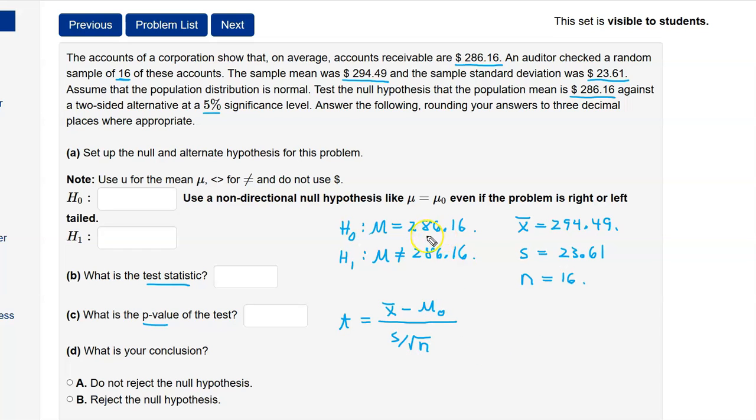Our mu naught is 286.16, and our x bar is 294.49. Then we just have to calculate that number. That's going to be our test statistic t, and then our p-value.